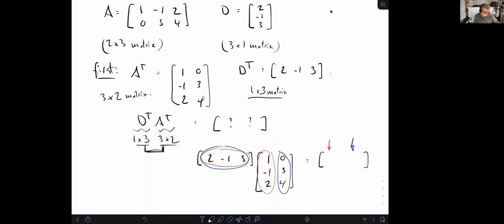So 2 times 1 minus 1 times minus 1, that's a plus, plus 3 times 2, so that's 9, right? And the other one is 2 times 0 plus minus 1 times 3 plus 3 times 4, that should be 11, unless I messed up.